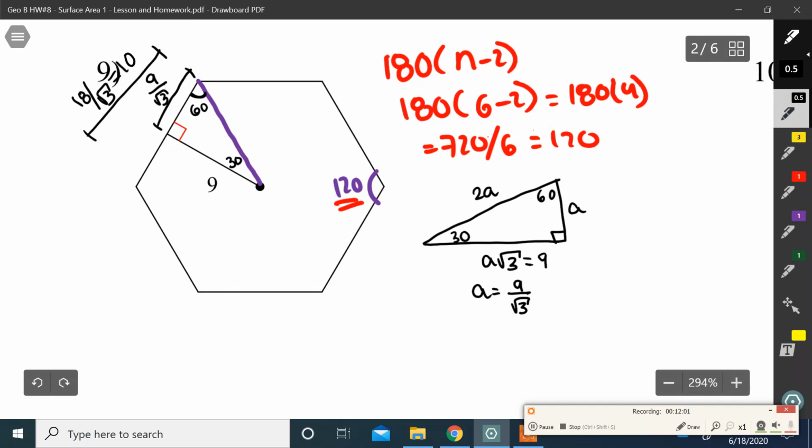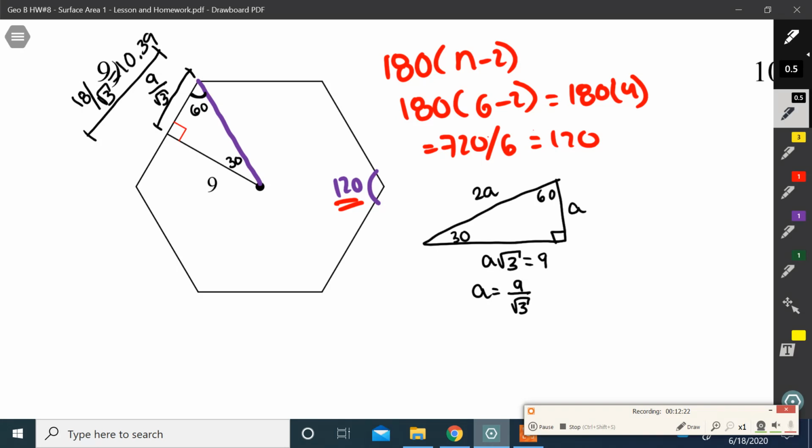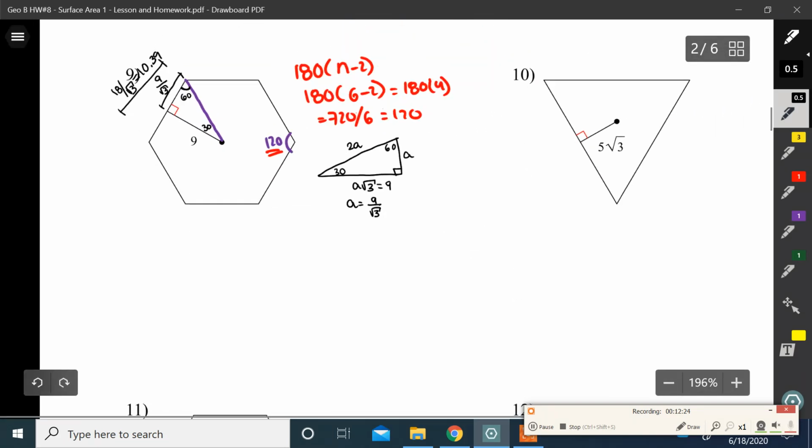So this right here should be 10.39. Okay, where did I get that number? I divided 18 by the square root of 3. So if I go back here, 18 divided by the square root of 3 gives you 10.39. That's where I got that number. Okay, that's the perimeter. So now I'm able to solve the problem here.